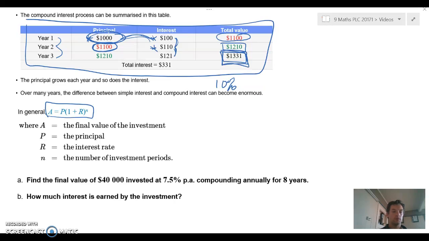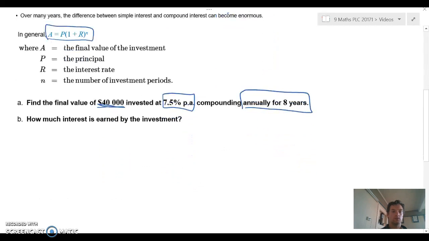So in our first example that we're going to work through here, we're asked to find the value of a $40,000 investment paid at 7.5% PA, so that's per annum, and compounded annually for 8 years. So what we're going to do is plug the values we know into our formula. First, we write our compound interest formula.